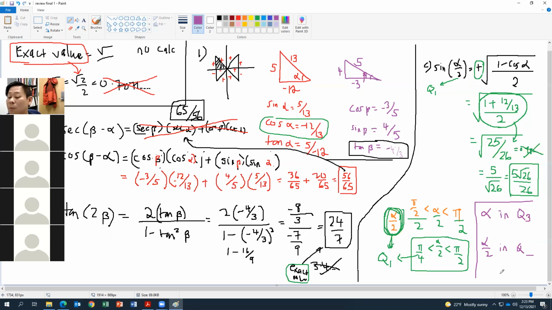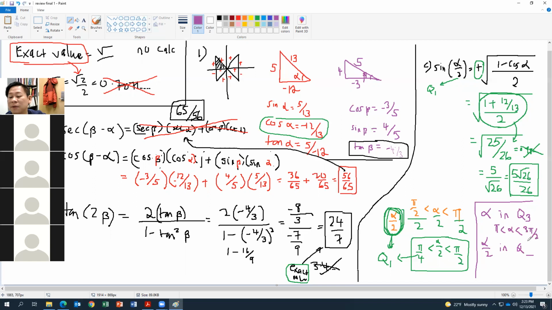So what quadrant is alpha over 2 in? Quadrant 2. So quadrant 3, that means it's between what number? Between pi and what? 3 pi over 2, yep.